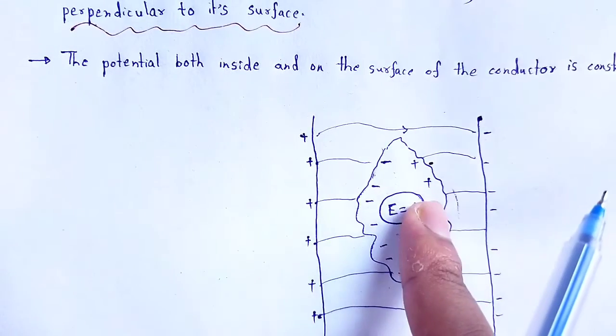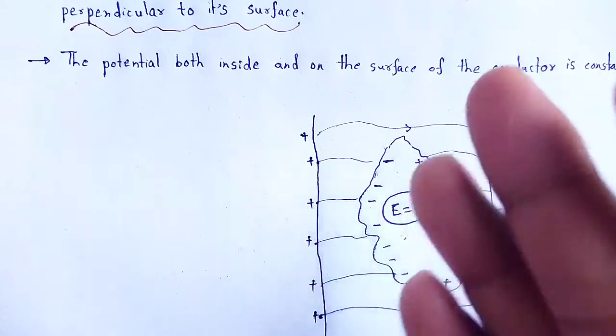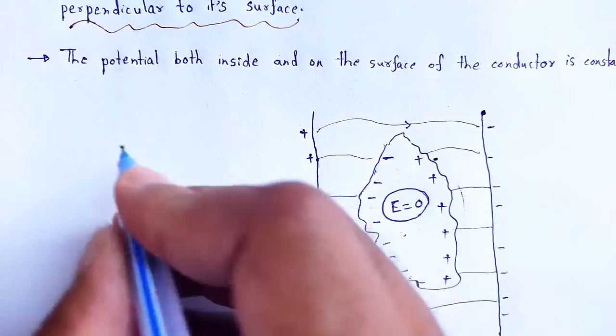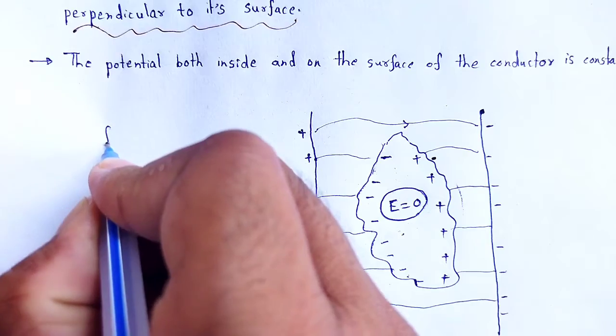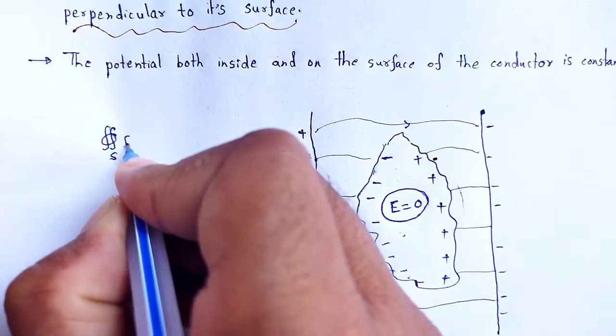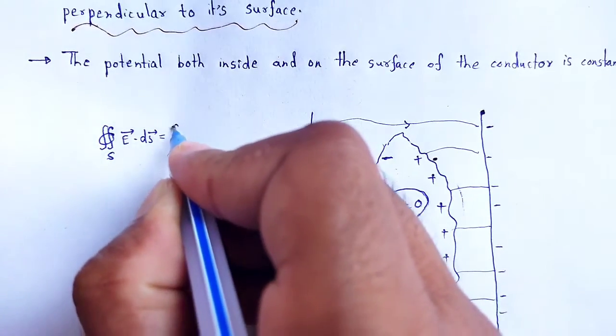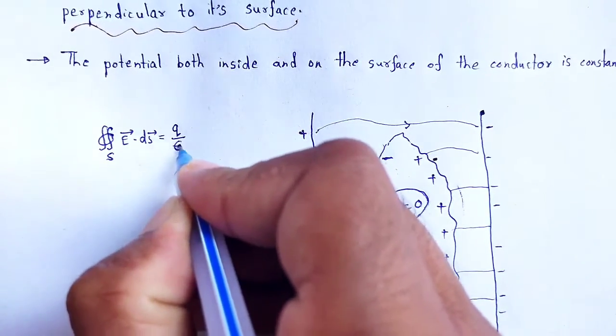Since the electric field inside the conductor is 0, on the Gaussian surface it will be 0. According to Gauss law, the closed surface integral of E dot dS is equal to the charge enclosed divided by epsilon naught.